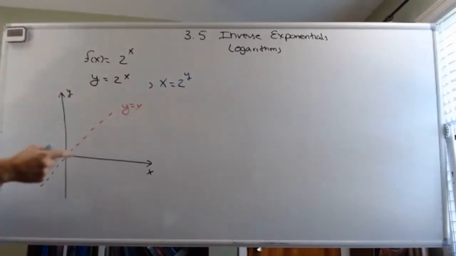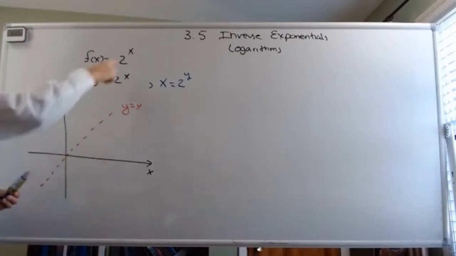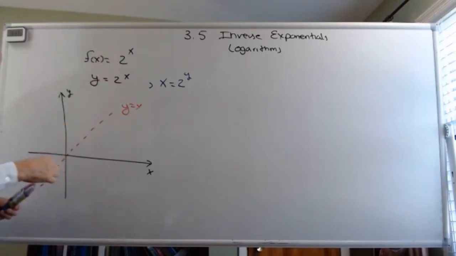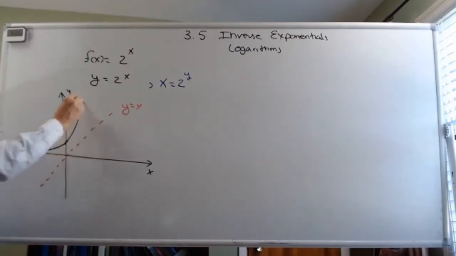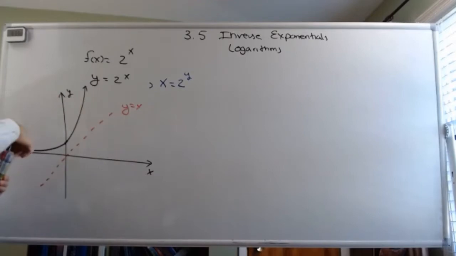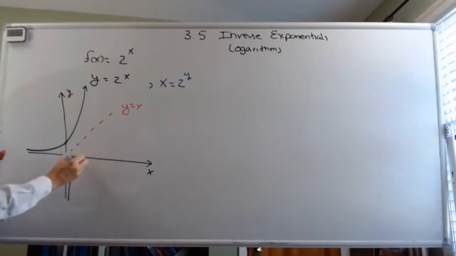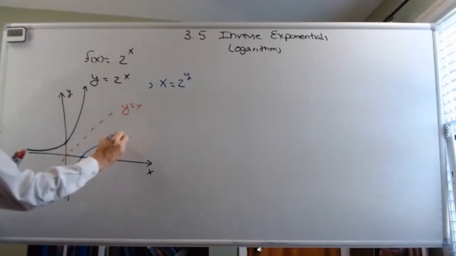If I can solve for it... we can't solve for it, so we give it a name. But you can take a look at what this looks like. There's my 2 to the x, looks something like this. That goes through 0, 1. So the other one is kind of symmetric with respect to that line. It looks like this. That's 1, 0, and it's going to go in that direction.